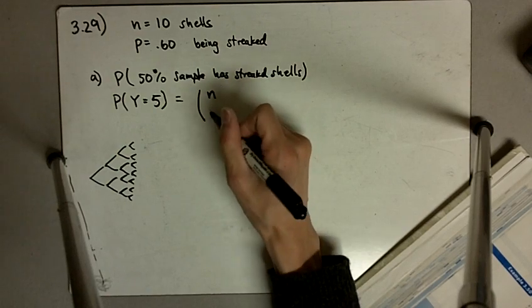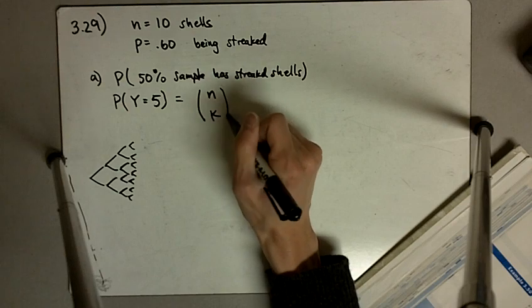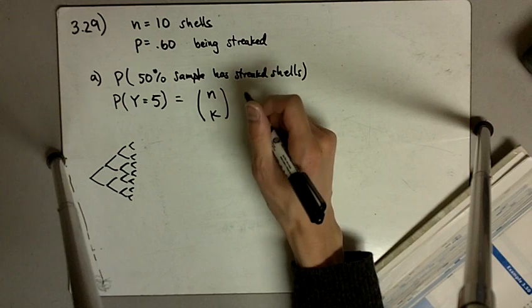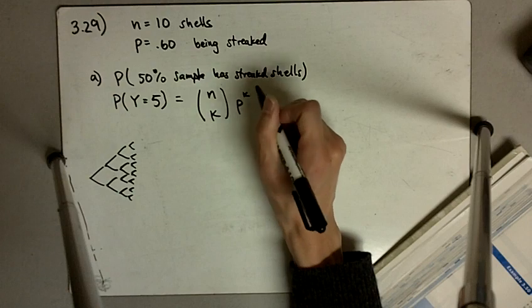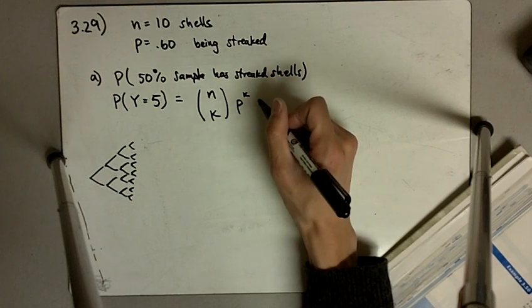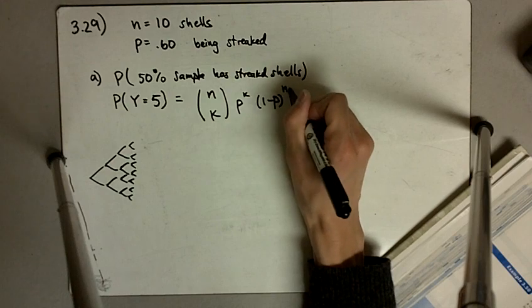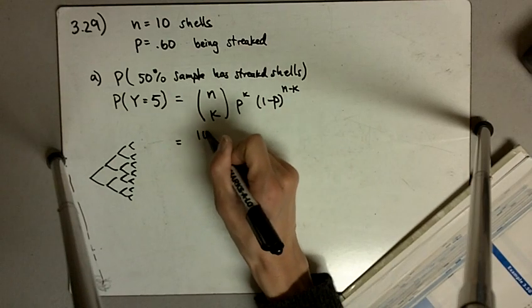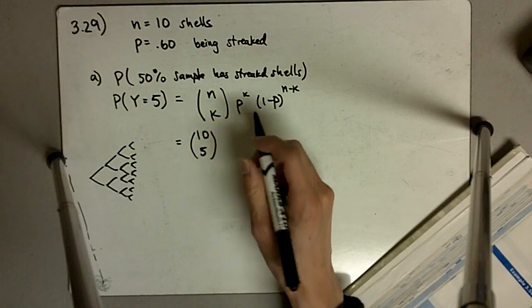if we have a sample of size n and we're choosing k to be streaked, we take the probability of being streaked raised to how many we're interested in, times the probability of not being streaked raised to the remaining shells. So in this case, we have 10 shells and we're interested in if 5 are streaked.